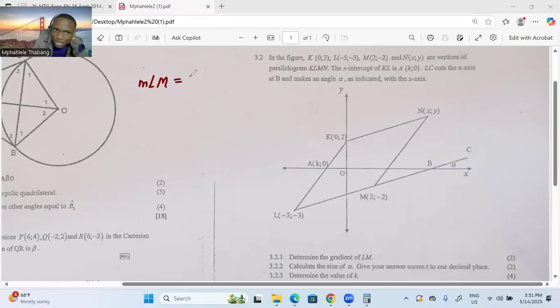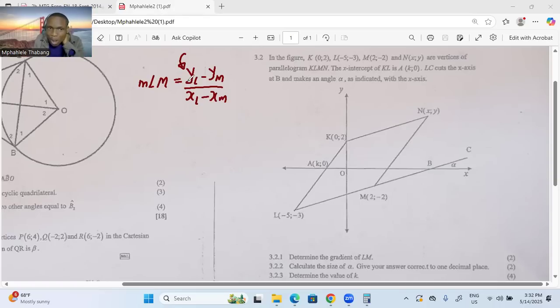You are going to say y at L minus y at M over x at L minus x at M. This is what we call the gradient formula. Most teachers will say y2 minus y1 over x2 minus x1. You can still say y2 minus y1, that is acceptable.